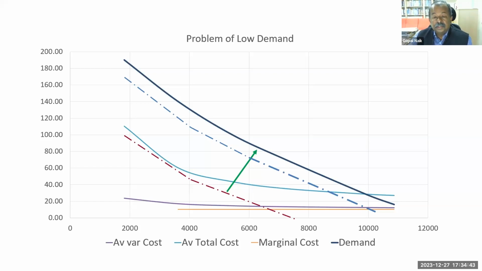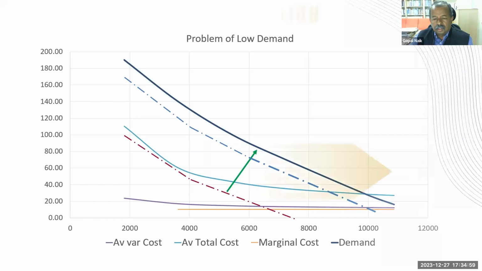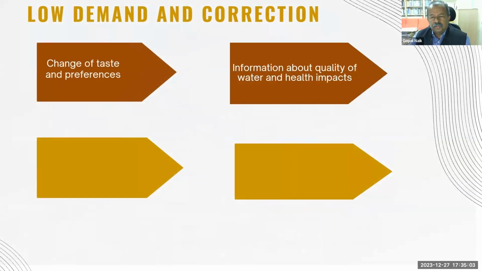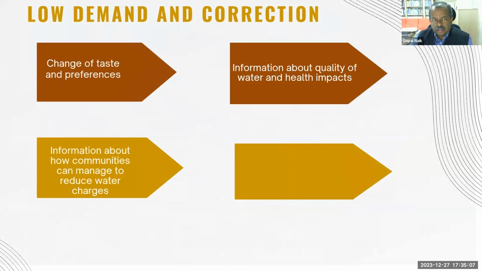And is it possible to push this demand up through education and so on? So what are some of the ways, or the factors, by which you can correct the low demand or improve the demand?